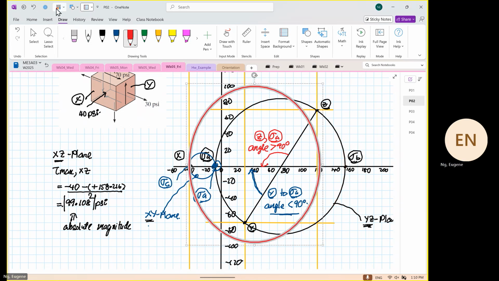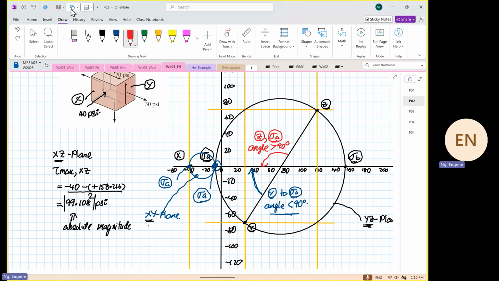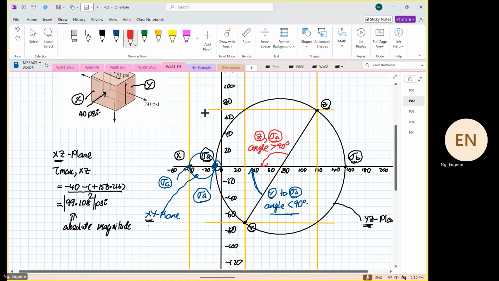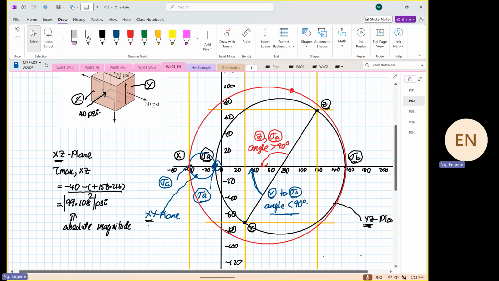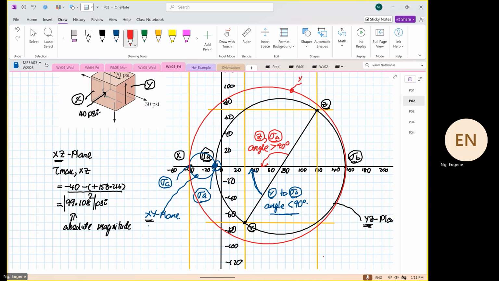Hey, does not look like a circle, does it? Let me do it again. Minus 40. Keep it down a bit. Okay, so this circle over here represents the circle for our XZ plane.